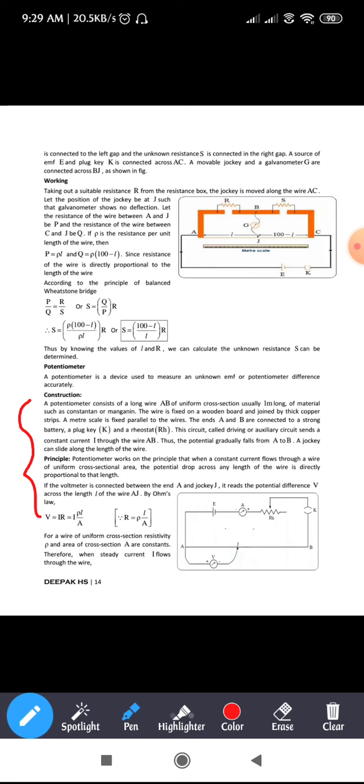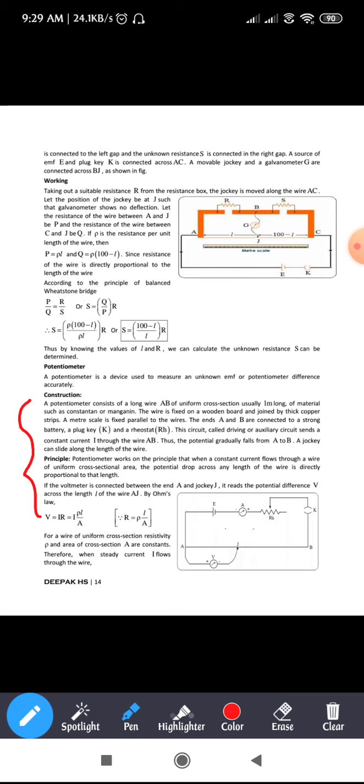A meter scale is fixed parallel to the wire. The ends A and B are connected to a strong battery, a plug key, and a rheostat. This circuit, called the driving or auxiliary circuit, sends a constant current I through the wire AB. Thus, the potential gradually falls from A to B. A jockey can slide along the length of the wire.